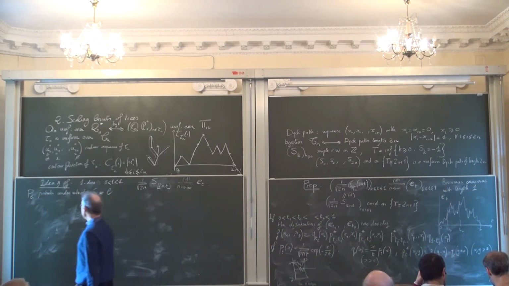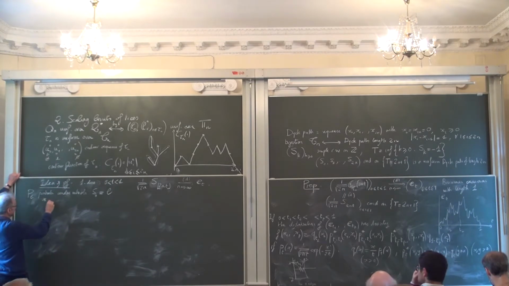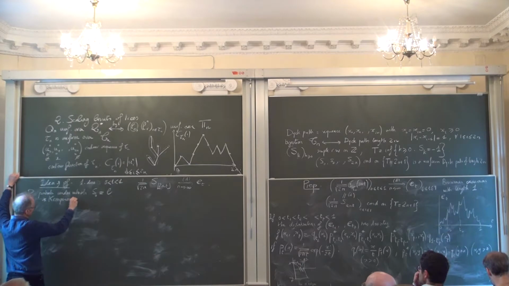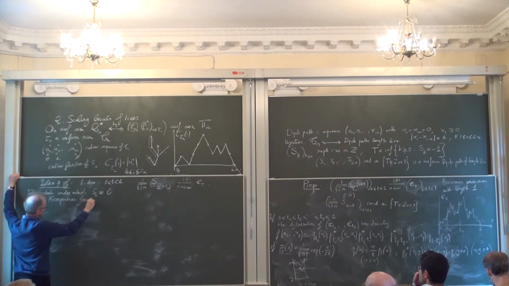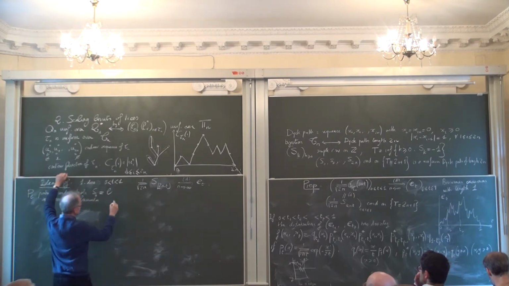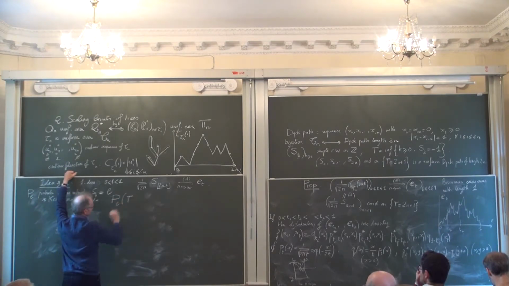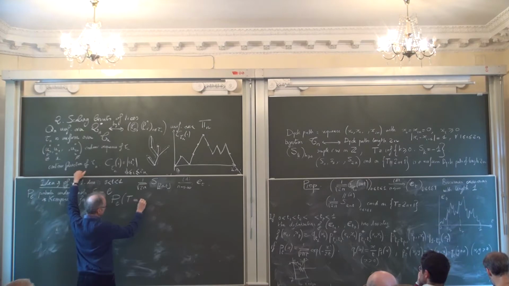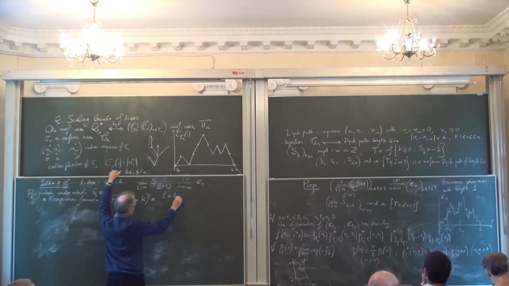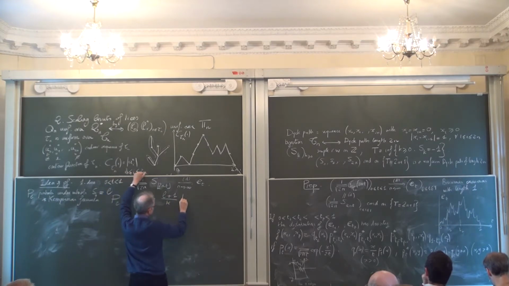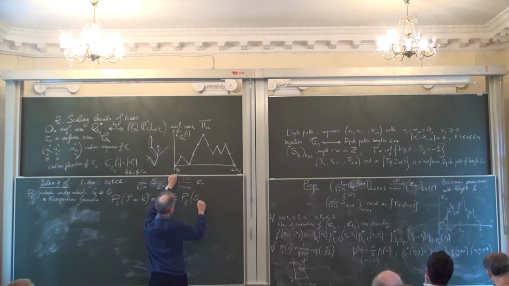Okay, and then there are two ingredients. The first one is the so-called Kemperman formula, which is telling you that you can compute the distribution starting from L of the hitting time of -1. This is equal to L plus 1 over K times the probability that your random walk at time K is equal to -1.